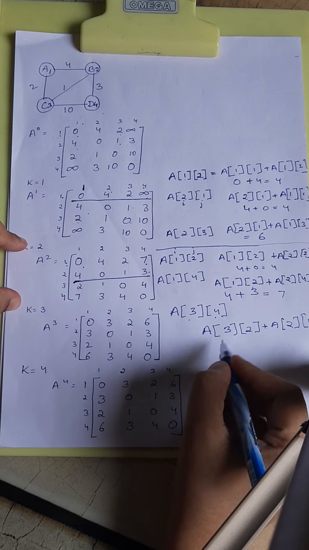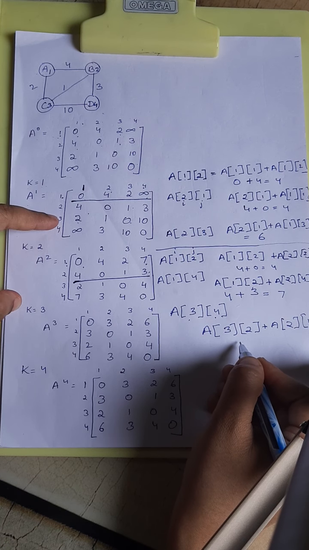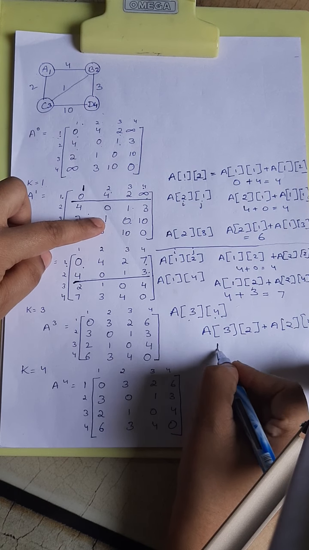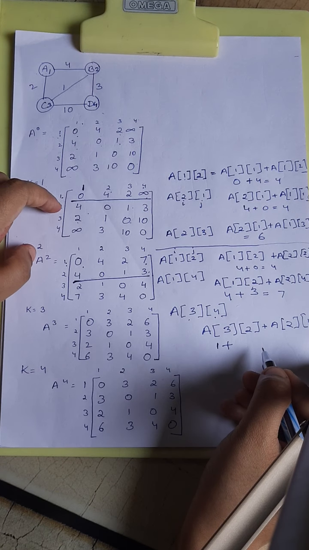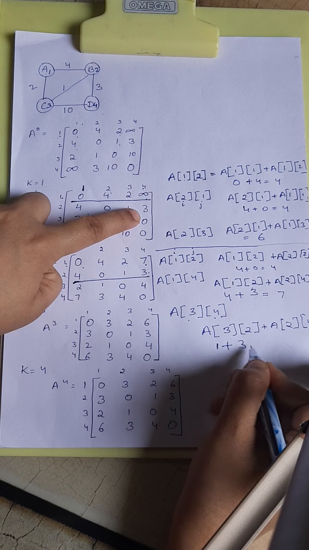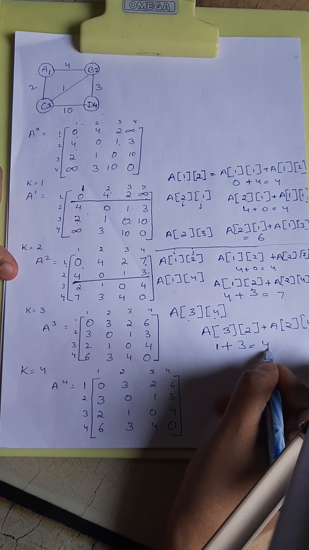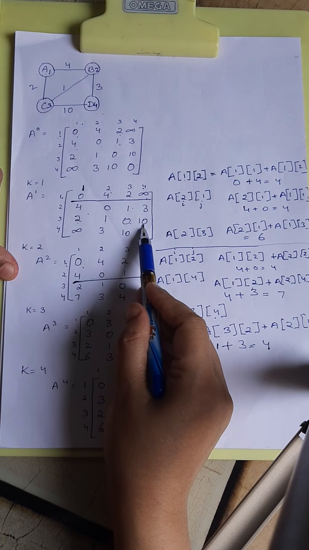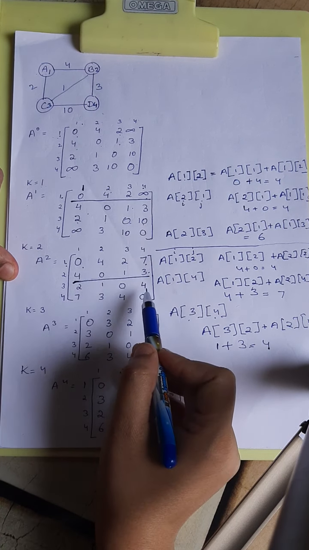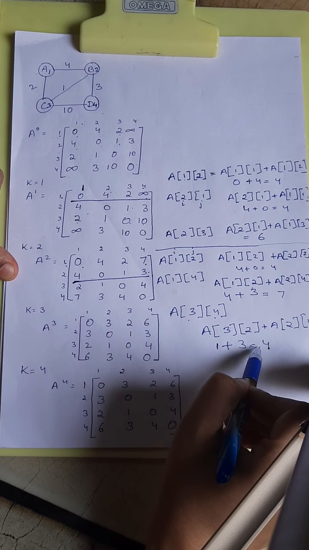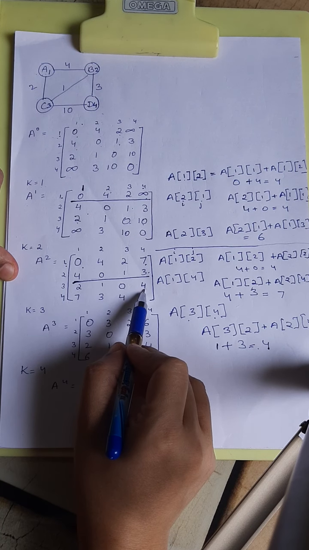So a of 3 2 is 1 plus a of 2 4 is 3. So you are getting 4. Okay. So we are getting 4 over here. Earlier the value was 10 for 3 4. Now we are getting the value 4. As it is less, we'll replace it over here.